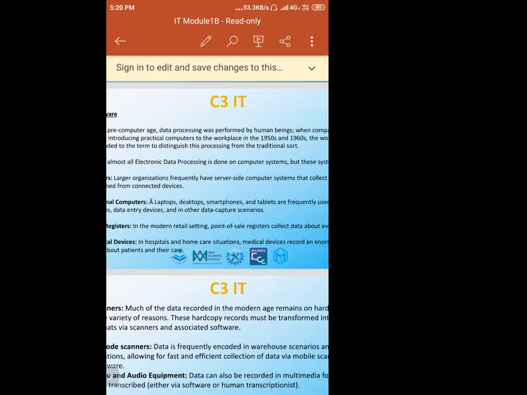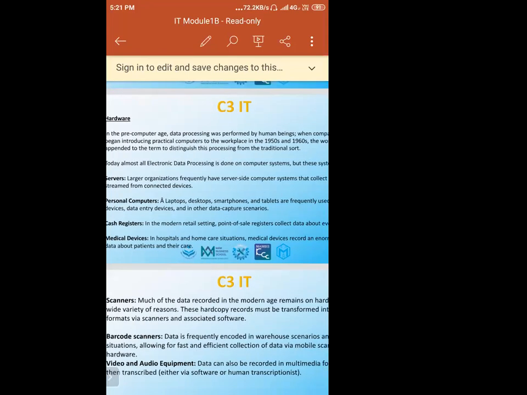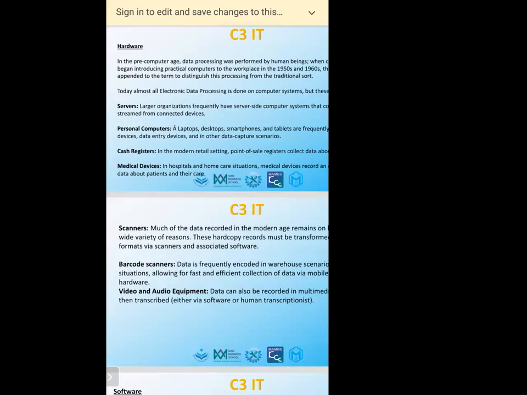So if you are doing any transaction through the cash register, automatically the system will count how much amount you have deposited on the cash register, how much amount you have taken. Likewise, it will store that. It will recognize that one. Okay, cash register.